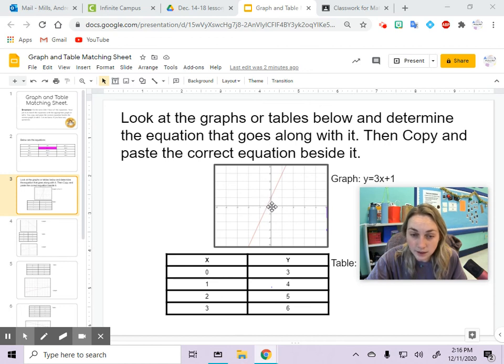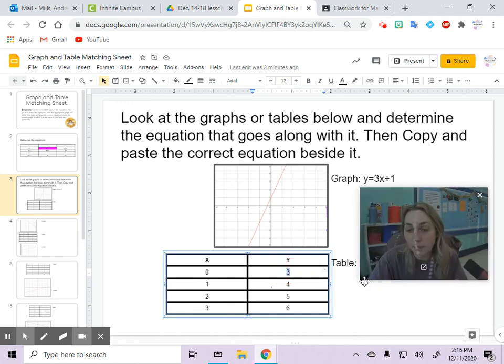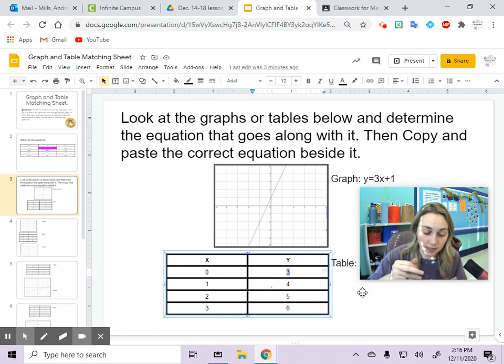So on the table, we just have to look, well, what is the y when x is 0? When x is 0, the y is 3. So that means our y-intercept is a positive 3.